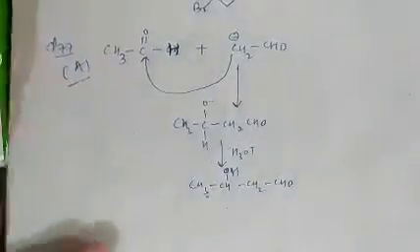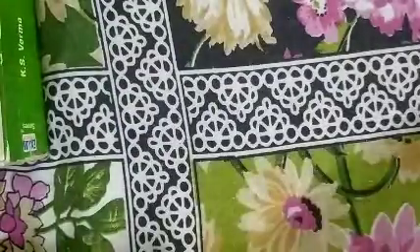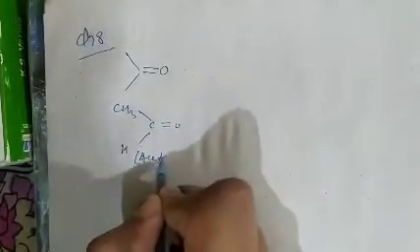See question number 78. In question number 78, an acetal is obtained by reacting in the presence of dry HCl. As we know, CH3 C double bond O H is called an aldehydic group, acetaldehyde.